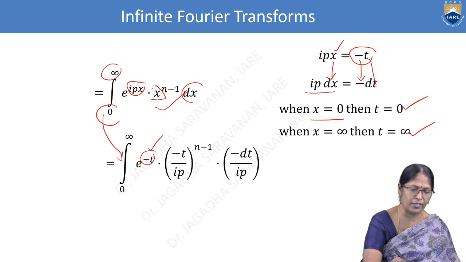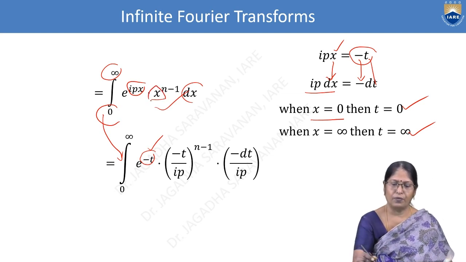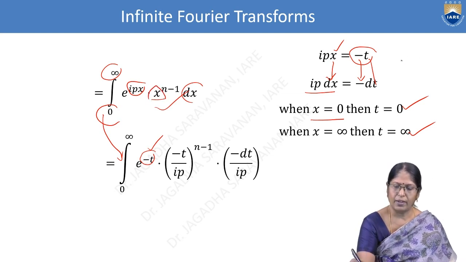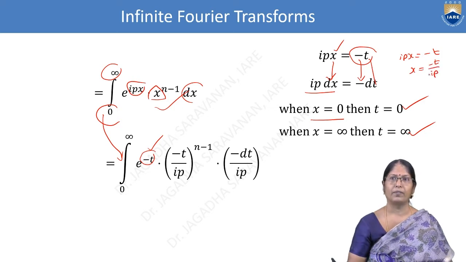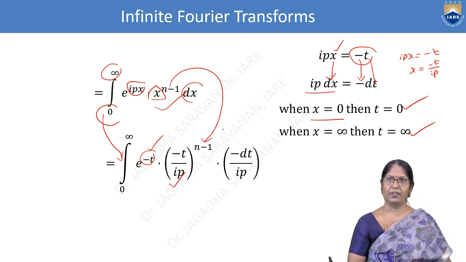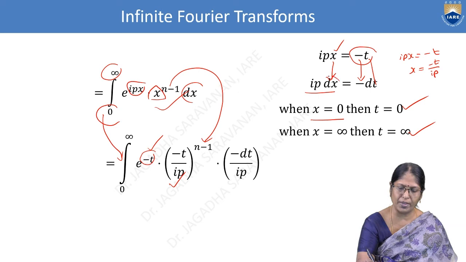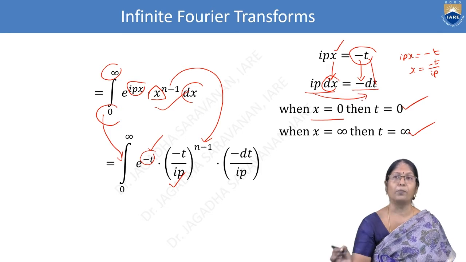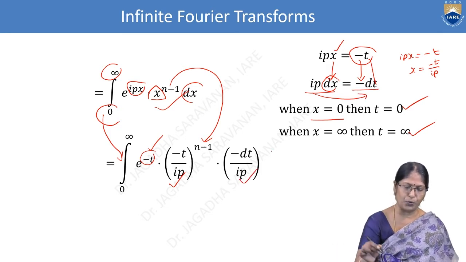X, what is x? From here we can get ipx equal to minus t, x equal to minus t by ip. That's what is written here. This power n minus 1 is as it is. Dx, from here we can get minus dt by ip. It is substituted here.